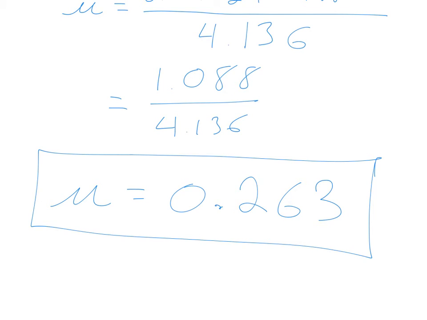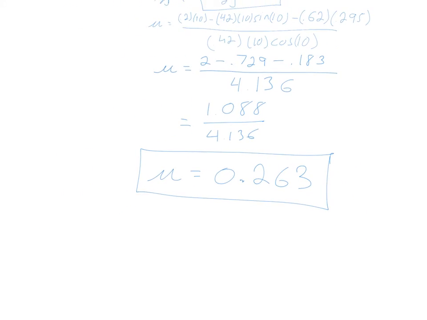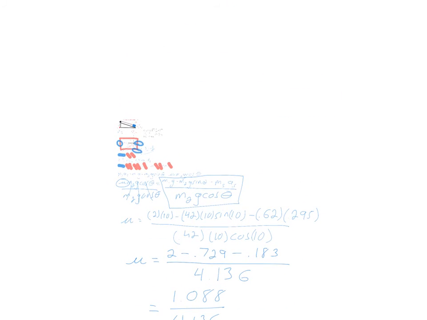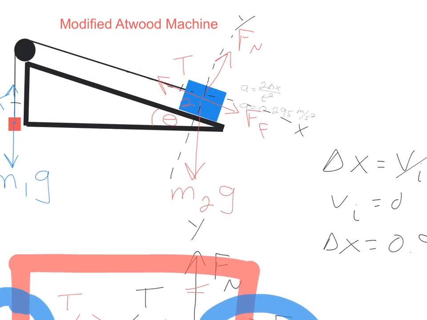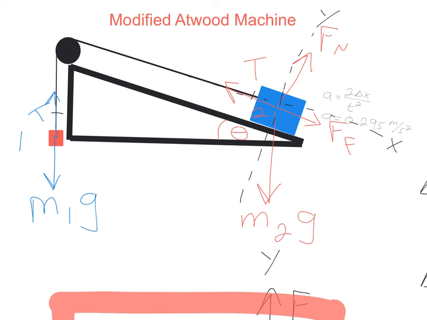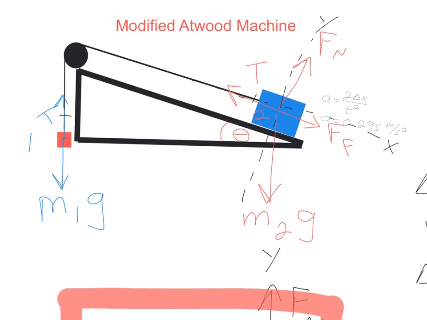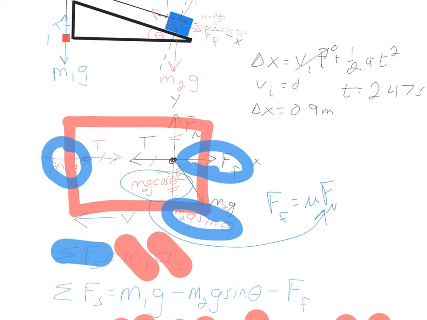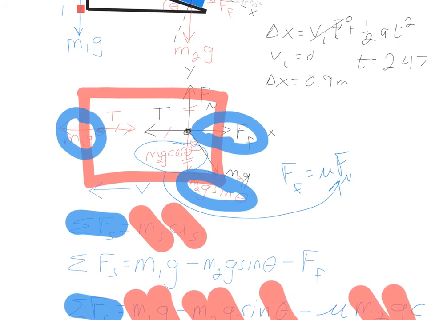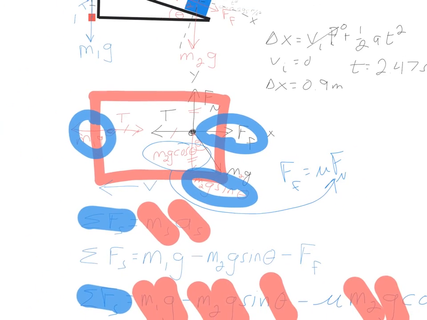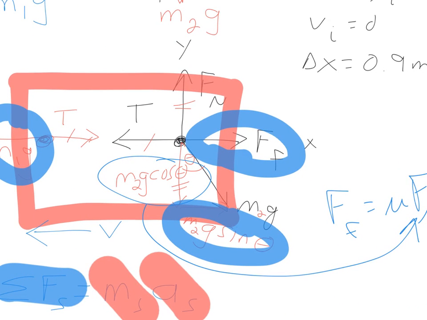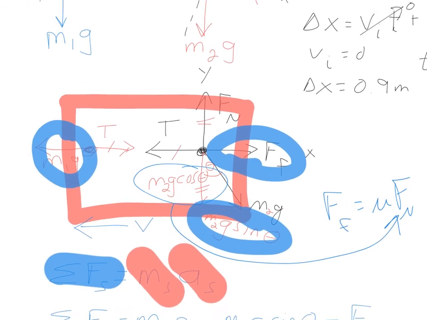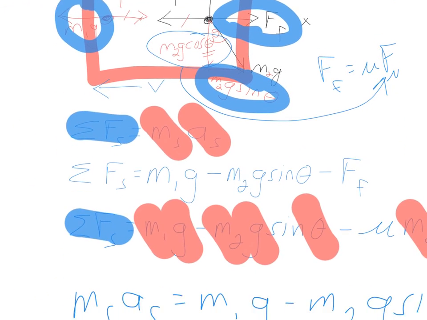Now it's possible to go about this in a different way. If I go back to my original picture here, I was able to ignore tension because it was inside the system, but it's possible, and maybe a little less complicated, to get the acceleration and then use that to find the tension in the string, and then focus on just one object at a time.